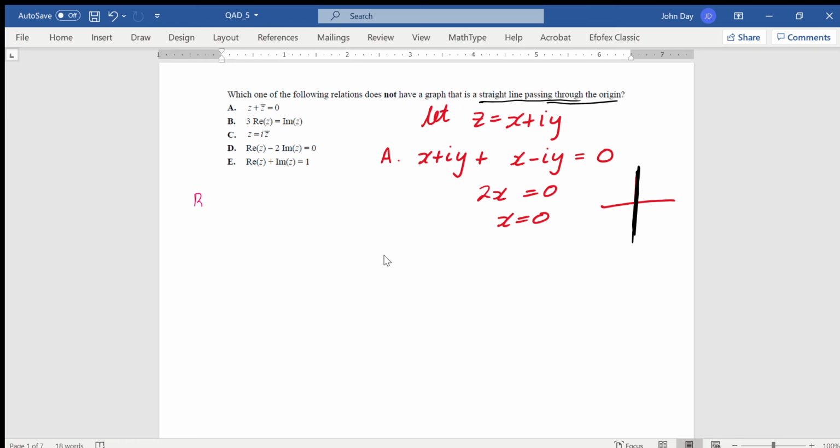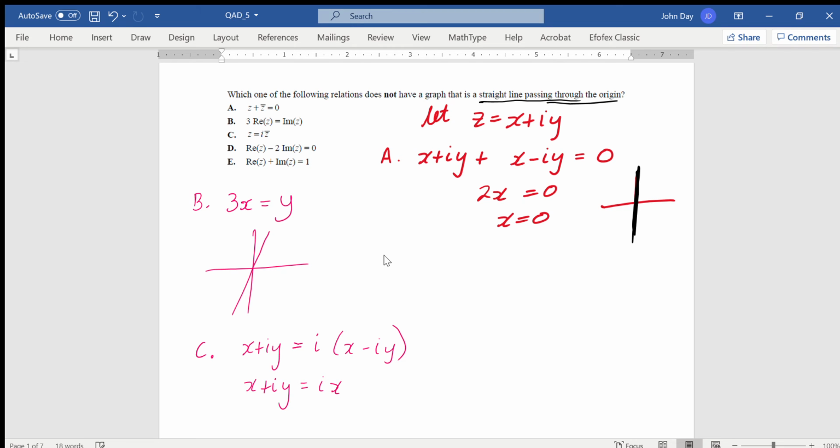Let's have a look at B. 3 real z, which is 3x, equals imaginary z, which is y. Well, that's the line y equals 3x, so it's something like that. Okay, let's have a look at C. z, which is x plus iy, equals i times z bar, the conjugate of z, which is x minus iy. So that's x plus iy equals ix minus i squared y, so plus y.